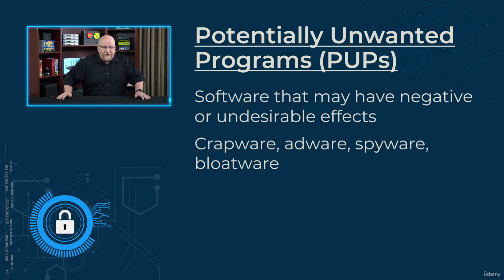The term crapware comes up all the time. So what we're talking about is a piece of software, usually like on my phone, that's going to be trying to do something else. For example, I have cloud services on my phone, and Samsung wants me to use their cloud service. Is it bad? No, but it is potentially unwanted. All right, so PUPs are not necessarily bad programs, they just can be irritating.